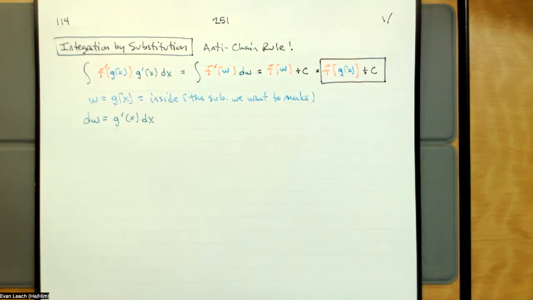Then we take the derivative to find dw. If I want w to be g of x, then dw has to look like g prime of x dx, or some constant multiple of g prime of x dx. So this dw is what's necessary to make that substitution work.